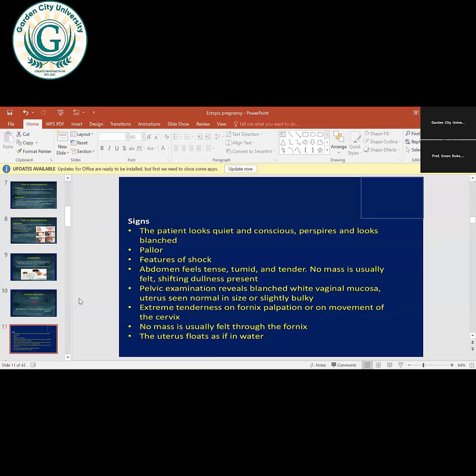But most times, as the obstetrician is palpating, there is a kind of dullness that is not permanent, not fixed. You feel like there is something dull here and you want to confirm whether it is a mass, it shifts.